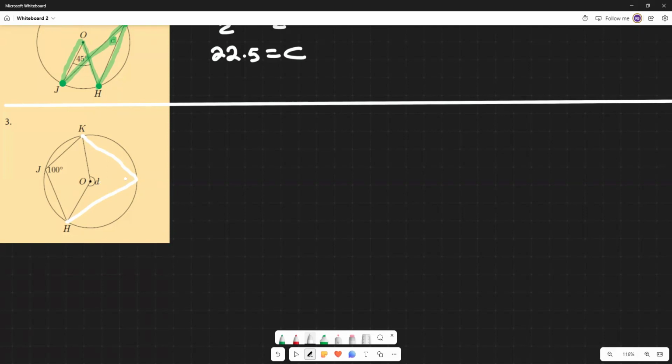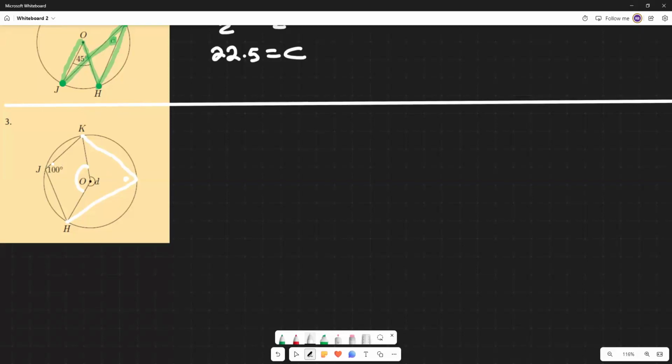You can see that this one goes with that one, which means this one will go with that one. The one that is less than 180 will go with the one that is less than 90.